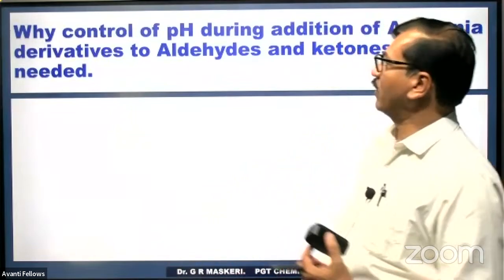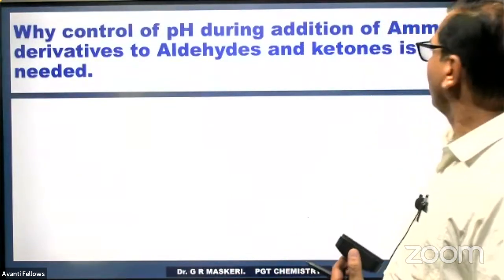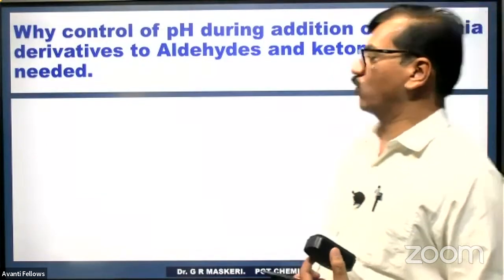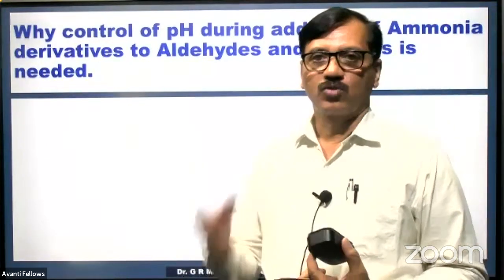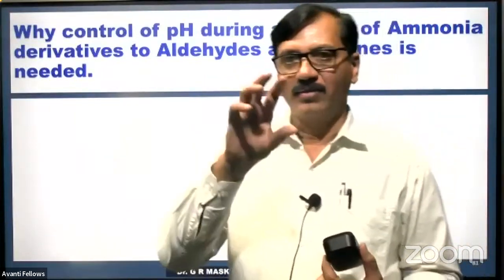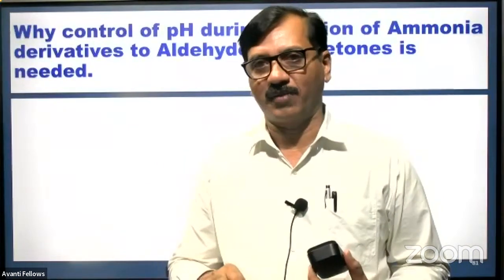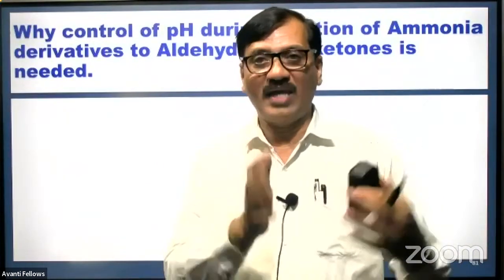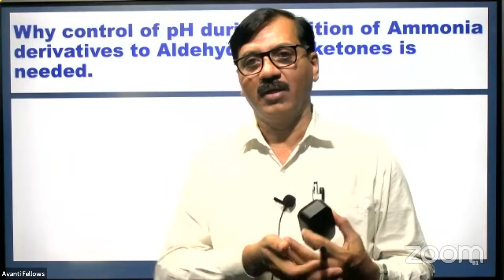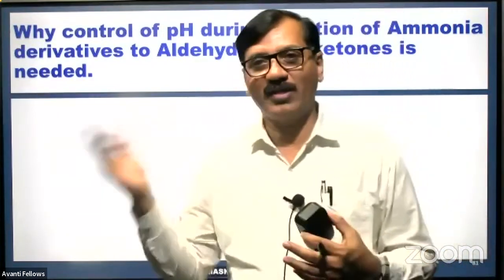Why control of pH? This is the last question. Why is control of pH needed during the addition of ammonia derivatives to aldehydes and ketones? The pH value is essential to be controlled because amines, ammonia and ammonia derivatives are basic in nature. If you provide a strongly acidic medium, then these bases react with the medium acid, not the reactant.